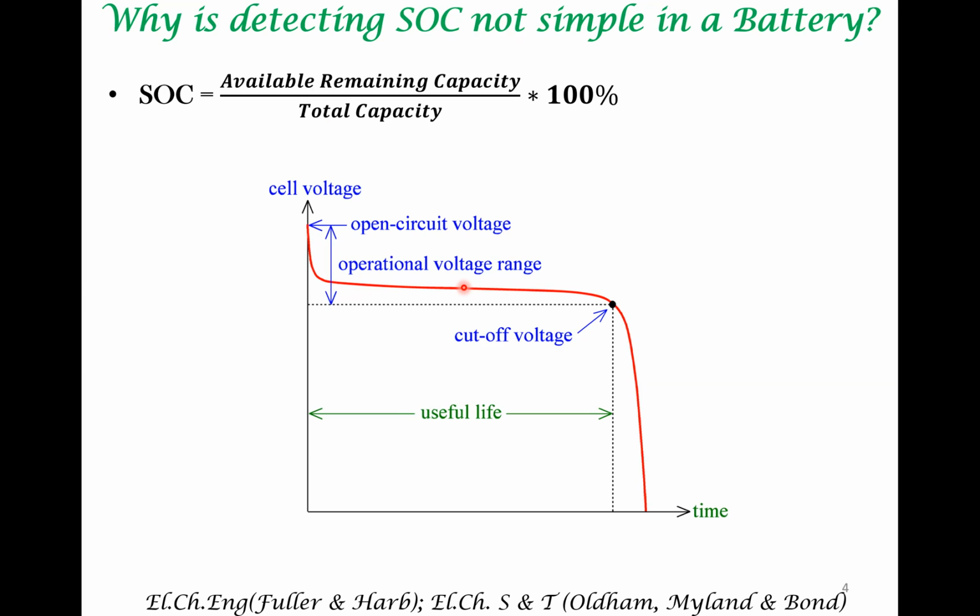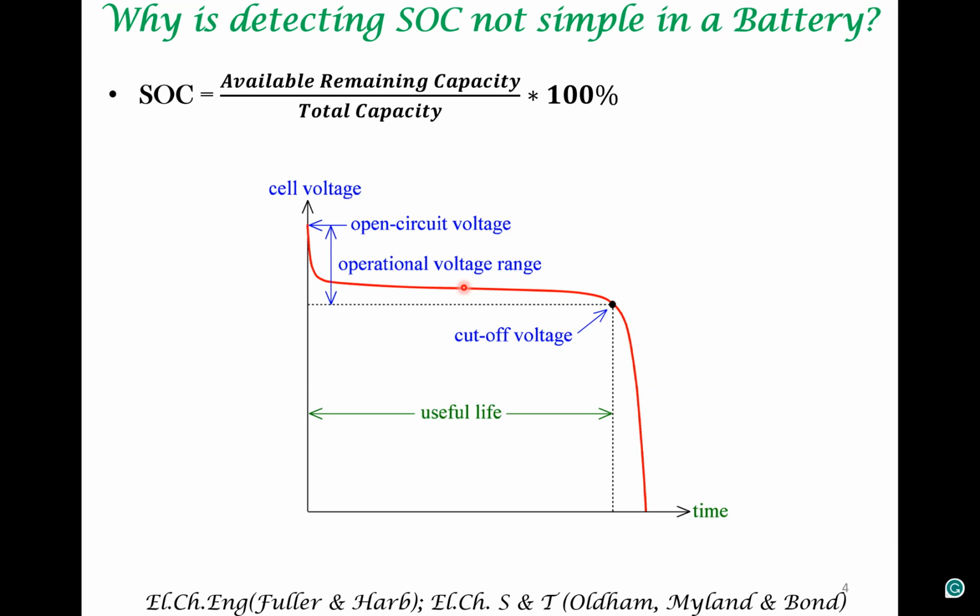In different battery chemistries, the ways to indicate state of charge differ. In a lead acid battery, for example, there are some simple indicators of state of charge. It's an aqueous battery, and if I measure the density of the electrolyte, that gives me a measure of state of charge. We will look at that in the next lecture.